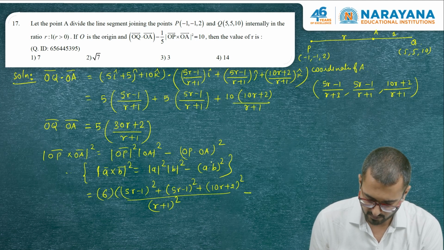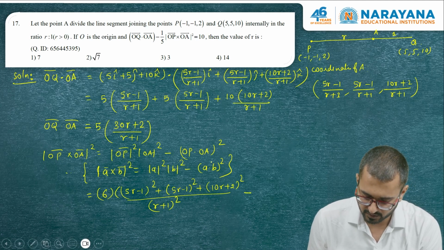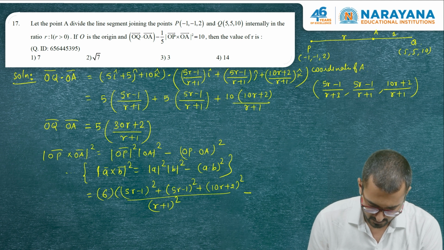And then minus of OP dot OA. So we have to find OP dot OA.